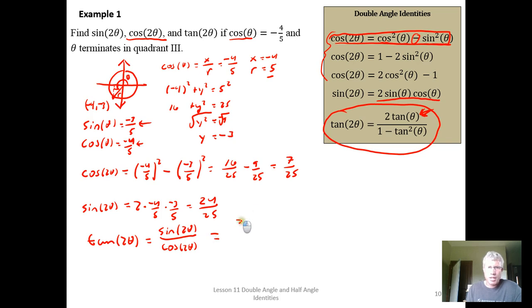So we could just take the sine, which is 24/25, and divide it by the cosine, which we already calculated to be 7/25, and 25 divided by 25 is 1 because they're both in the denominator position, which will leave us numerator over numerator, so that the tangent of 2 theta will be 24/7.